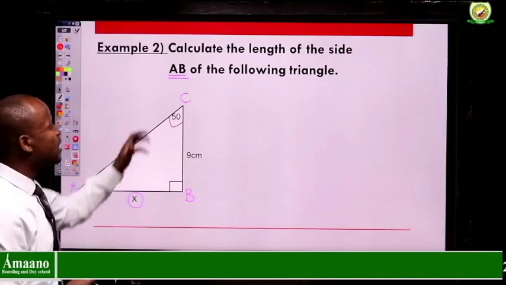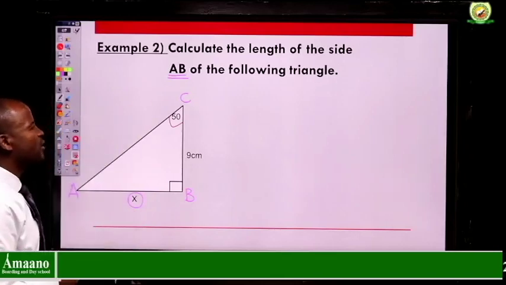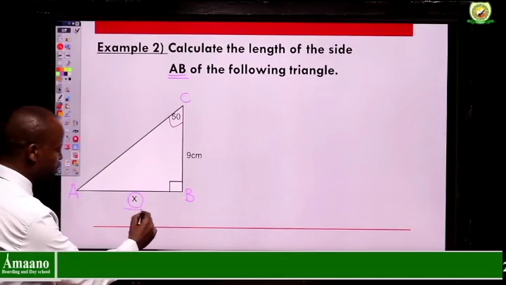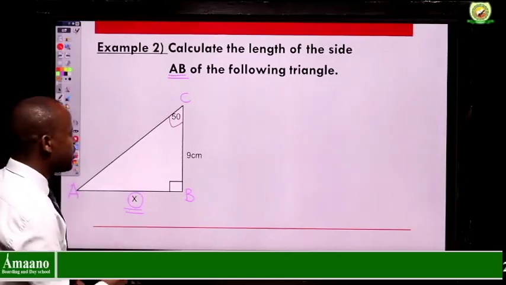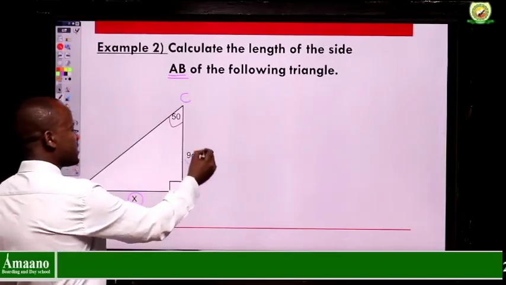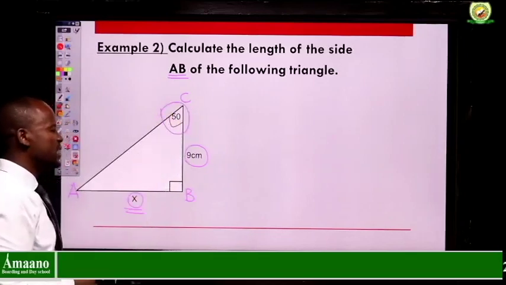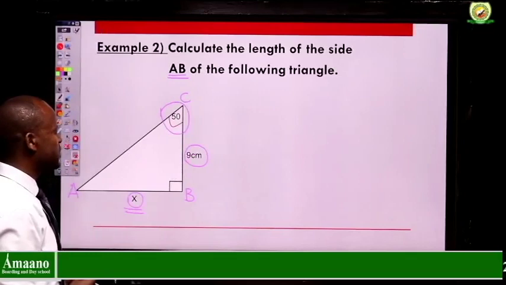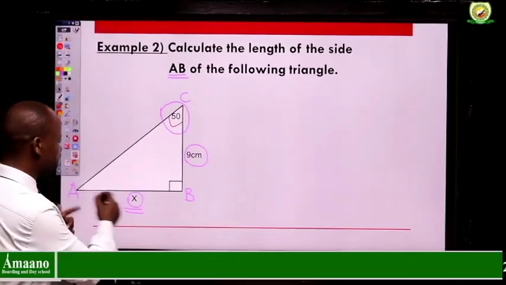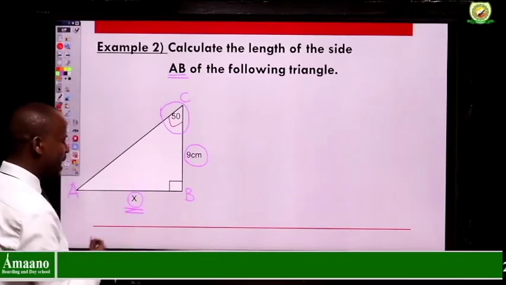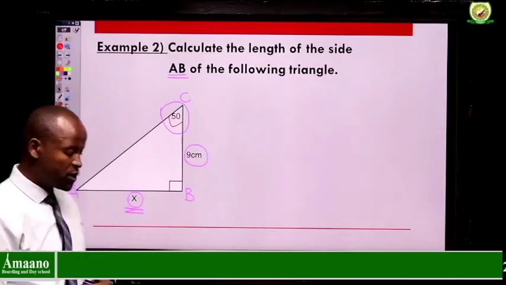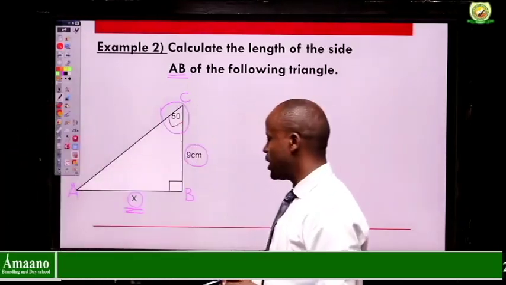We are asked to find the side length of AB, marked by X, and what is given here is 9 centimeters and an angle whose degree measure is 50 degrees. So to find the side length of AB, which trigonometric ratio are we going to use?